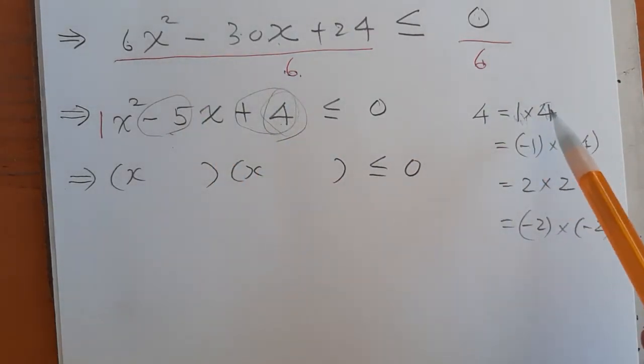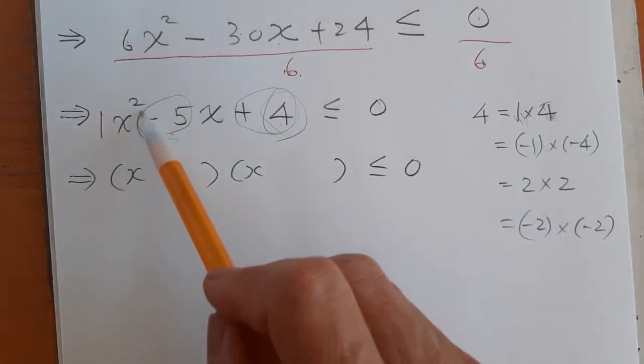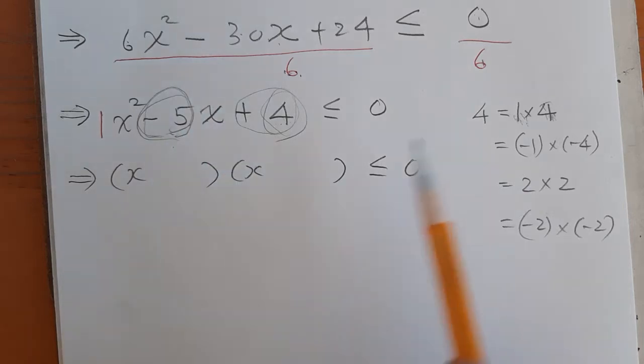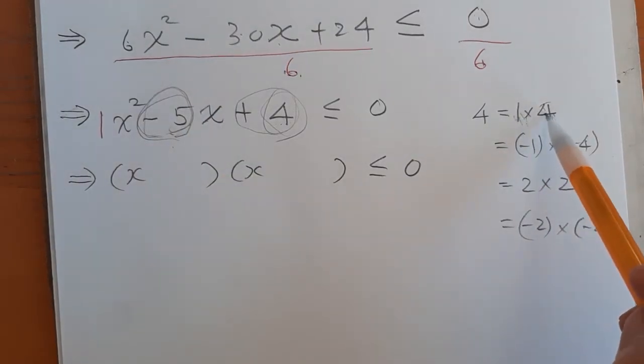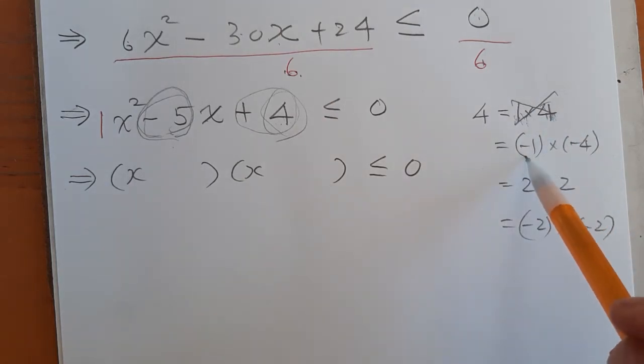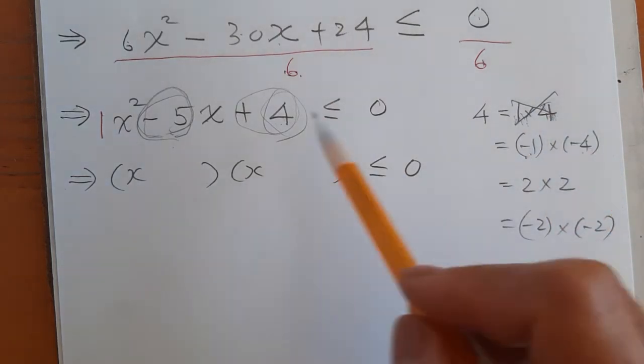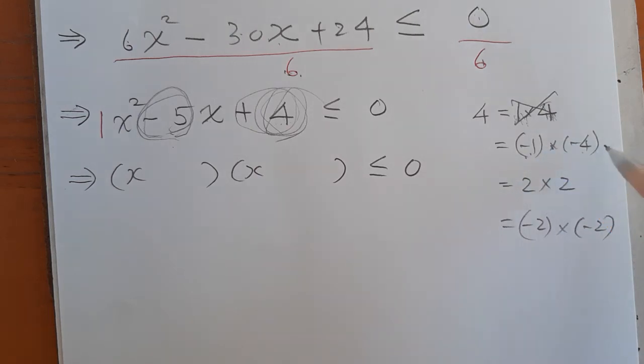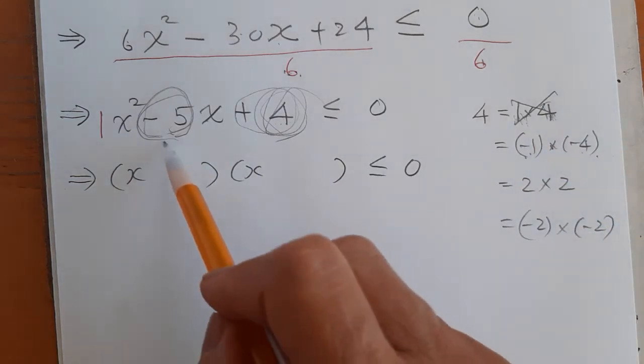And the two numbers should add together to be negative 5, the x coefficient. So 1 add 4 is positive 5, so this is not it. Negative 1 times negative 4 is the constant term 4, and negative 1 add negative 4 is negative 5.